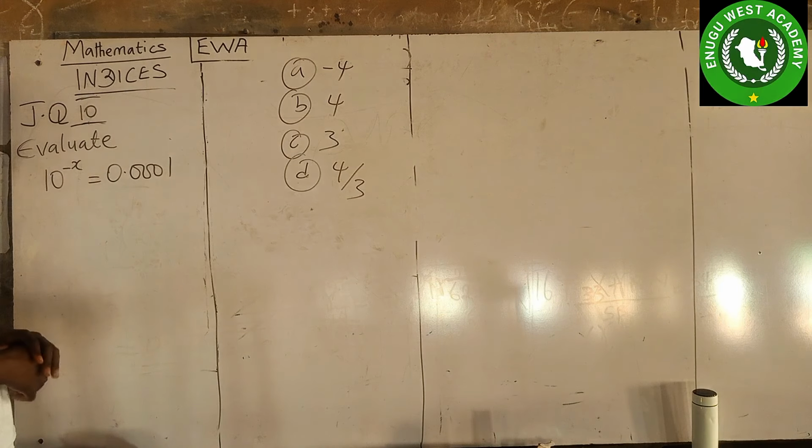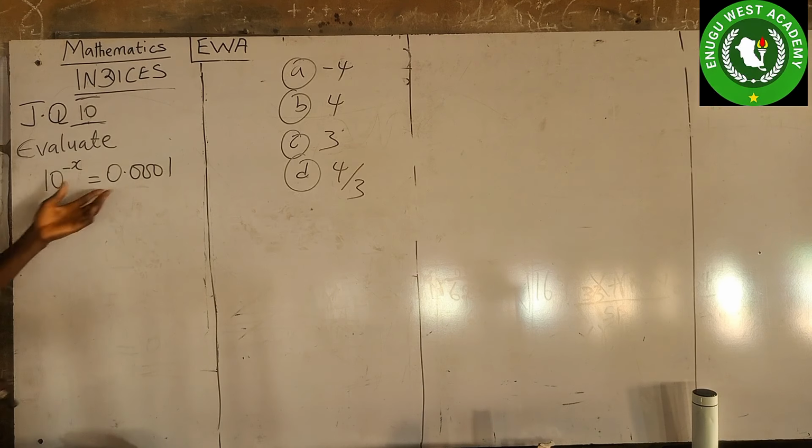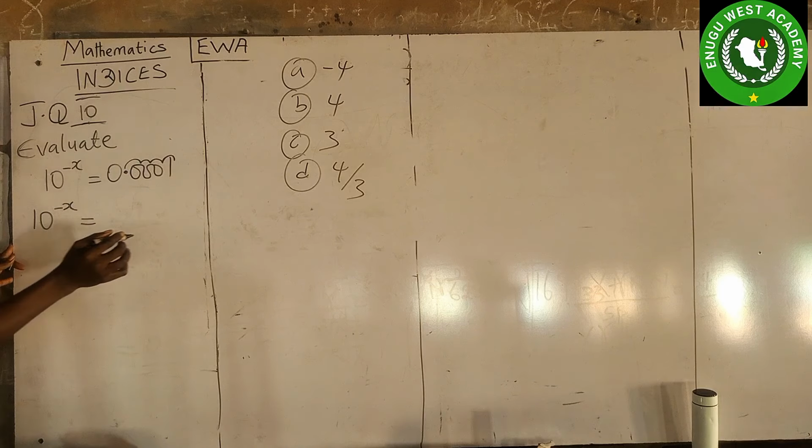We are asked to evaluate 10 raised to power minus x equals to 0.0001. Now remember, anytime you have something like this, you are going to convert it to fraction. That is the starting point. So we have 10 raised to power minus x equals to. To convert this into fraction, counting from this point, which is 1, 2, 3, 4, you are seeing 4.